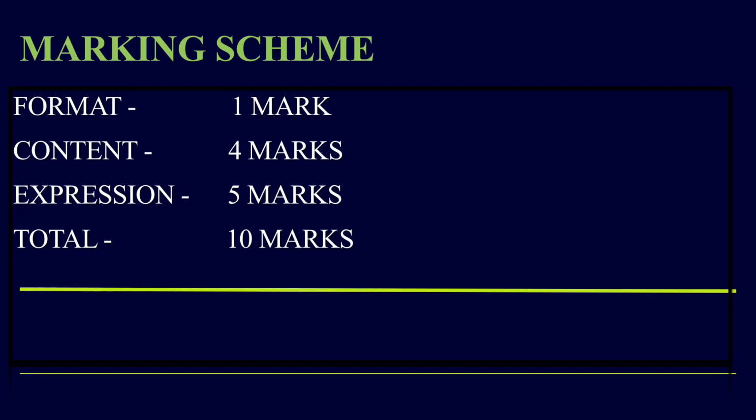The content would fetch you 4 marks, and you would be awarded another 5 marks for grammatical accuracy, appropriate words and spellings, coherence and relevance of ideas and style. So the total is 10 marks. As it is a 10-marker question, the word limit can go up to 150 to 200 words.